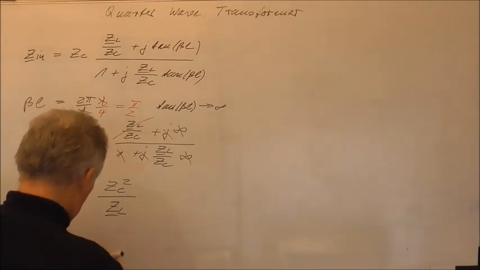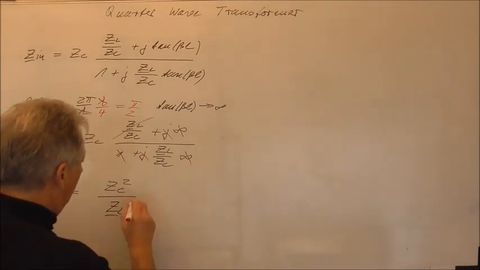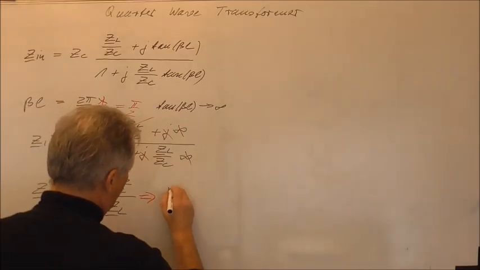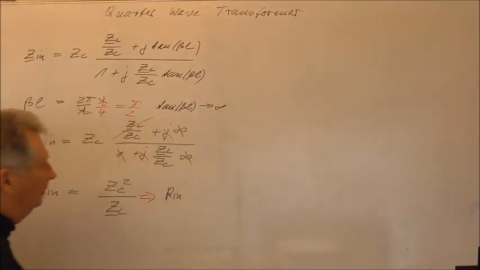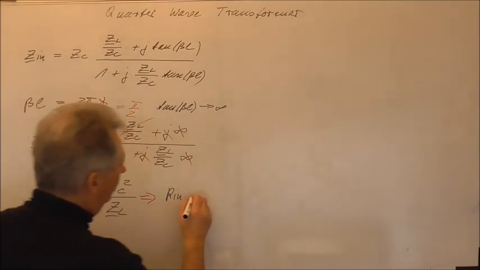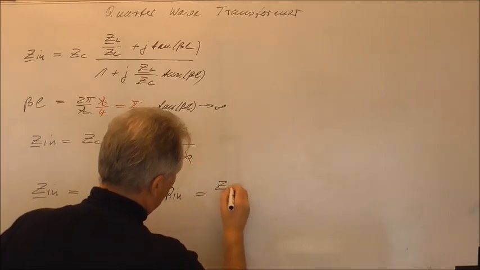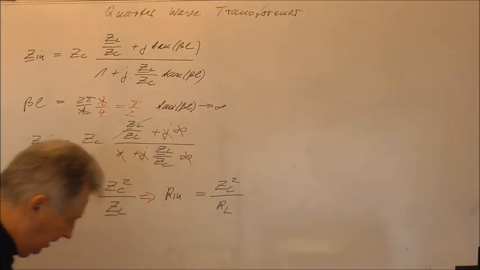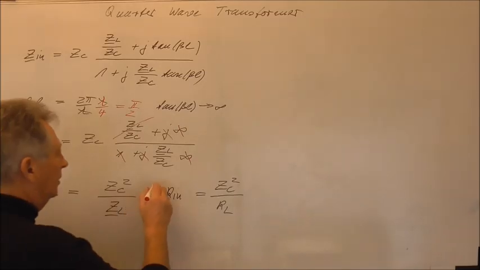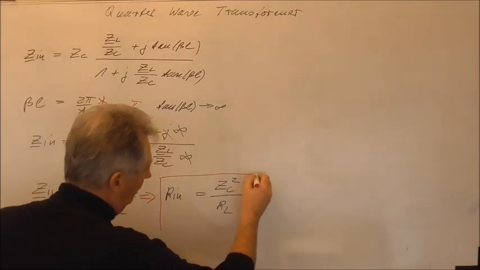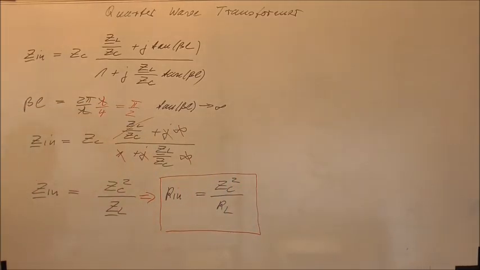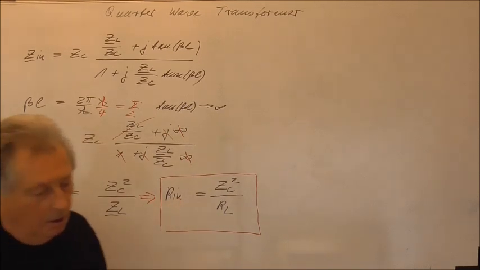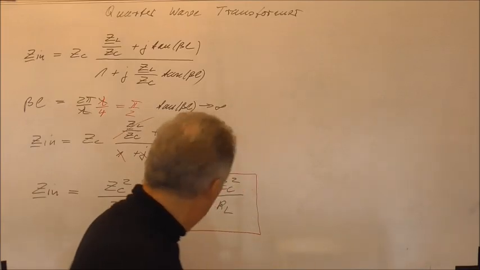So this goes over into an equation where the input resistance is equal to Zc squared over the load resistance. And of course this simple equation can now be used for transforming a certain load impedance into a specified input impedance.